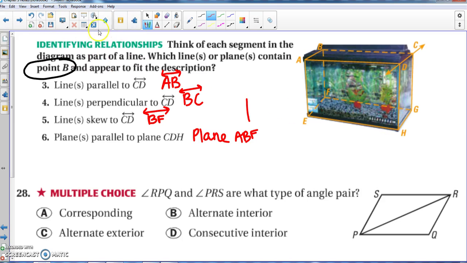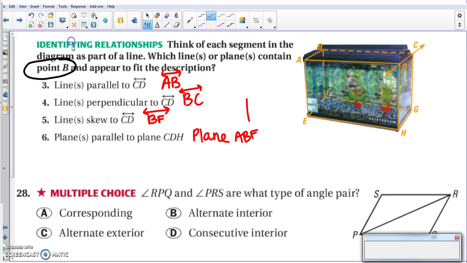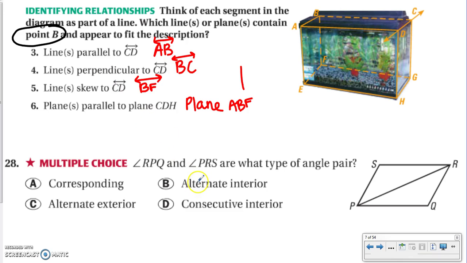Okay? All right, then on the last one here, number 28, I think that a lot of you would have a question on this multiple choice one. So angle RPQ, so follow those letters, we have RPQ. So that's this angle right here. And then we have angle PRS.